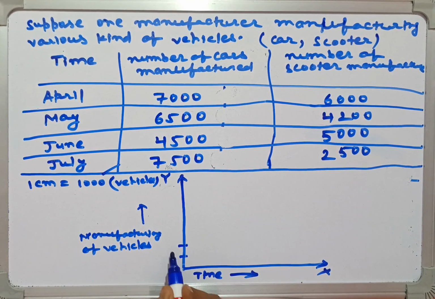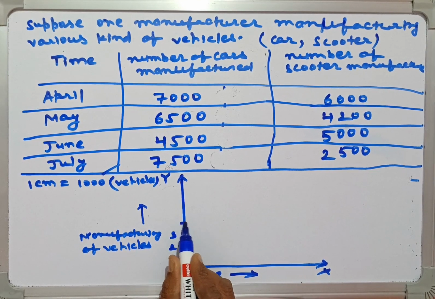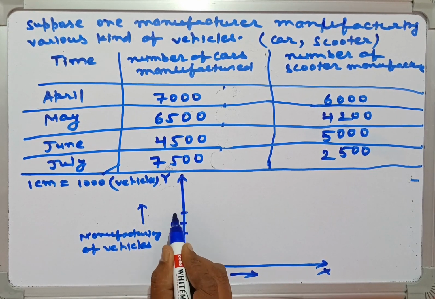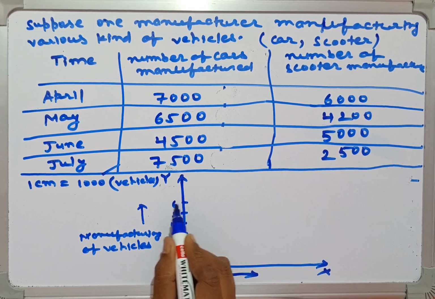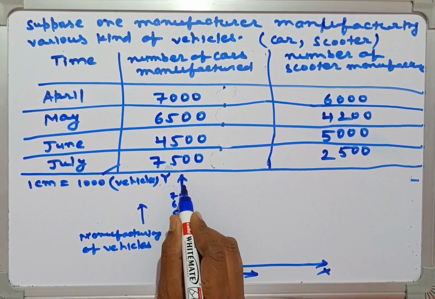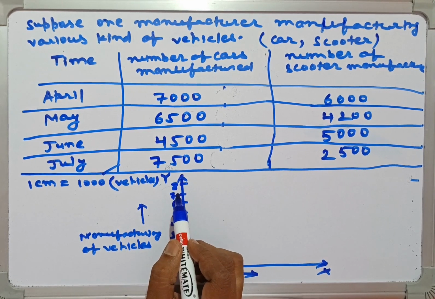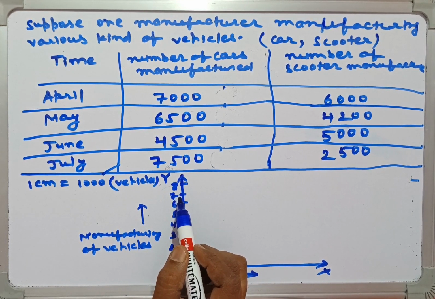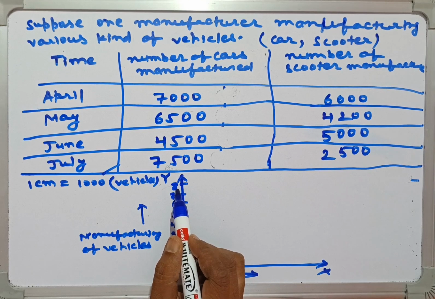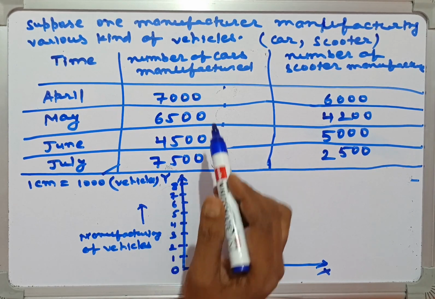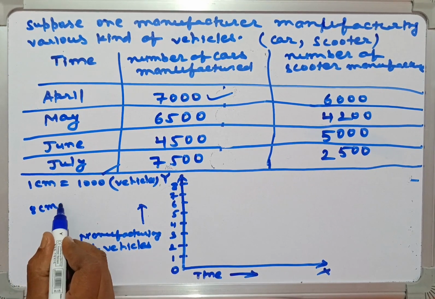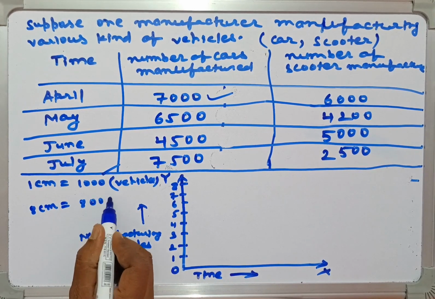So this one is 1, this one 2, this one 3, this one 4, this one 5, this one 6, this one 7, this one 8 guys. So guys, here you have to maintain up to 8. Why? Because 8 centimeter becomes 8,000.